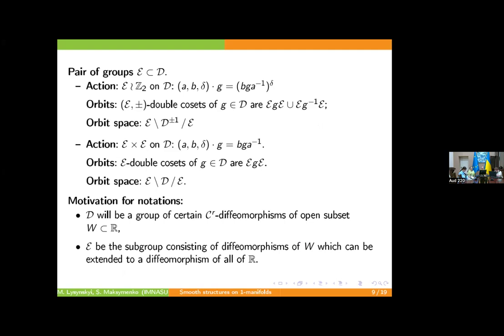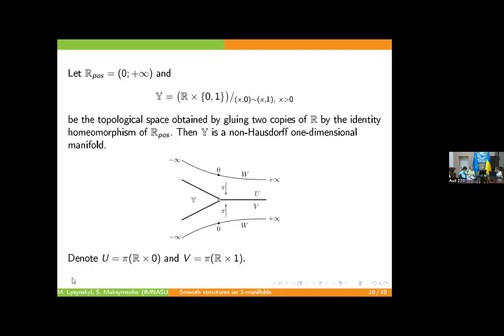So we need the notation E and D: D will be the group of diffeomorphisms of a real line in our application, and E is a specific subgroup of it, consisting of diffeomorphisms which can be extended to a diffeomorphism of all R. Now, okay, let me consider these spaces.